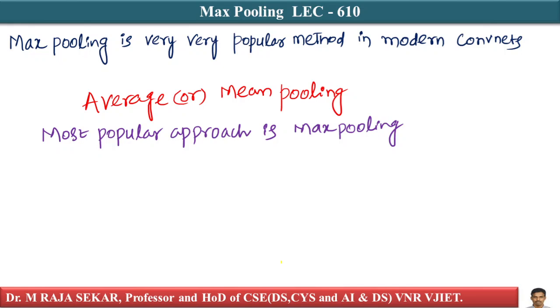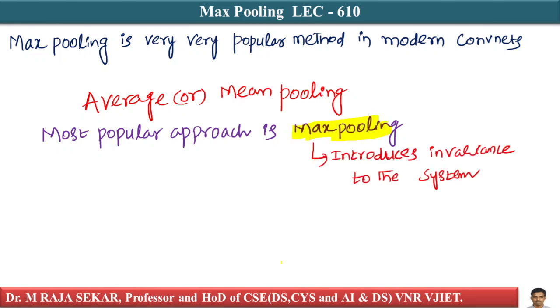Max pooling is the most popular approach. What is the use of max pooling today? Max pooling is something everybody is using left and right. A very, very simple concept, which introduces invariance to the system.